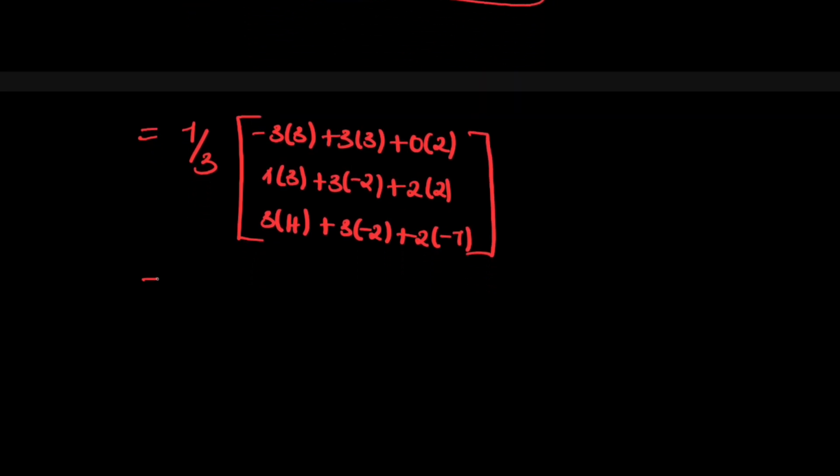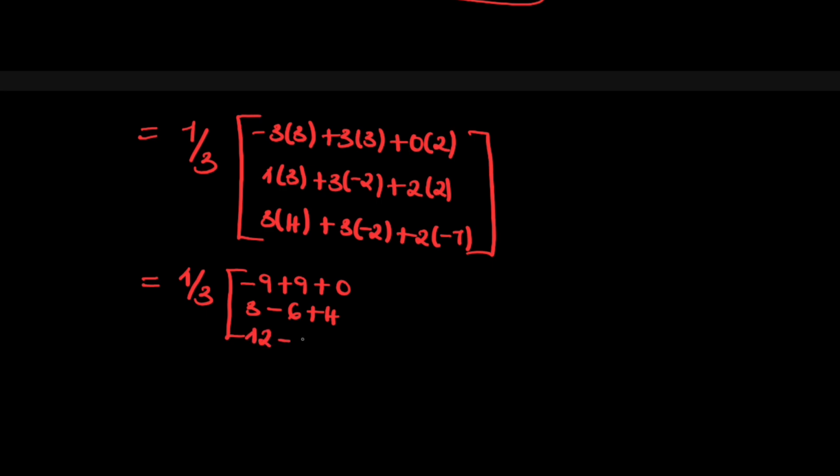Now let's simplify it. So this is minus 9 plus 9 plus 0, 3 minus 6 plus 4, and 12 minus 6 minus 2.